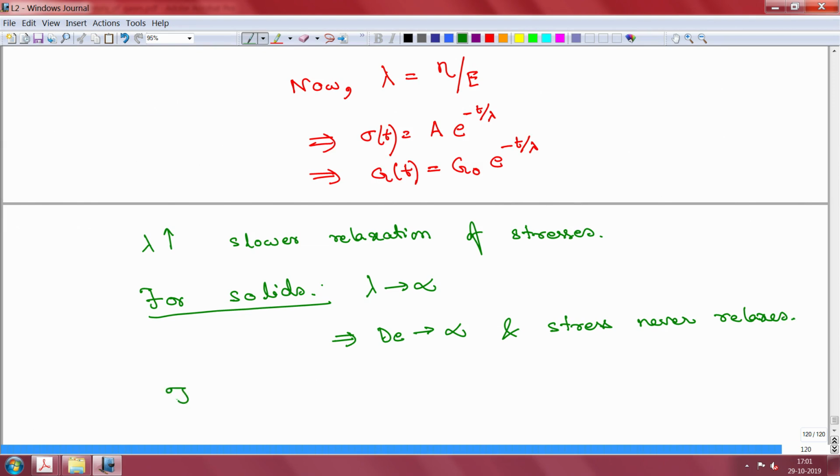For fluids, your lambda should tend towards 0, which means that the Deborah number tends towards 0 and stresses relax immediately.